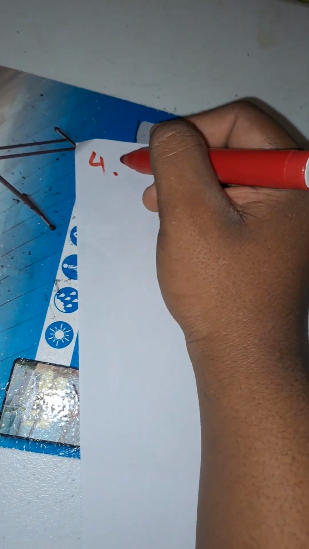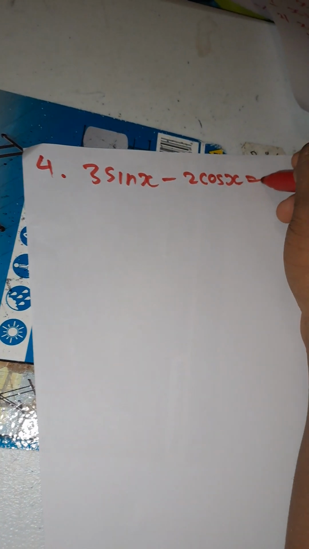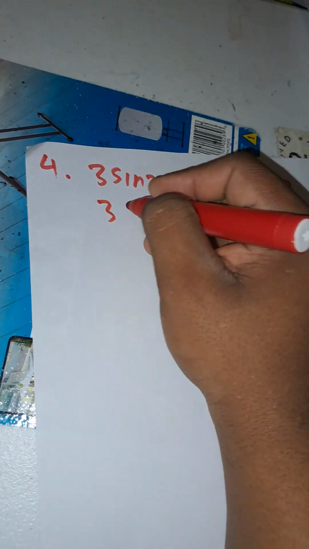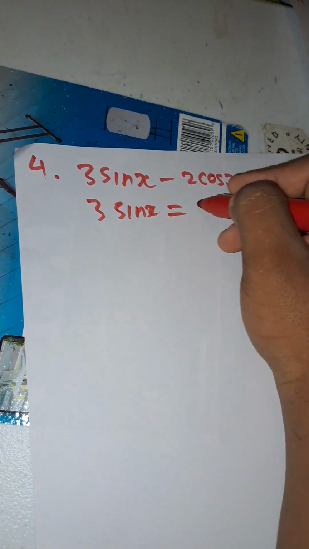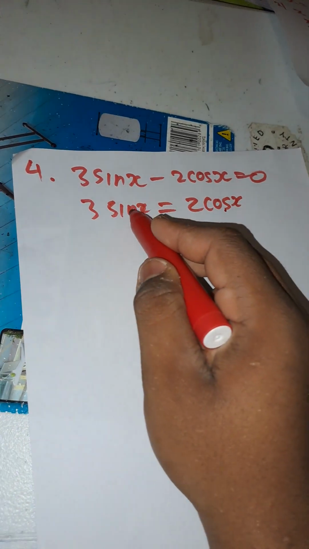So check this one now. I feel like it is the fourth one. 3 sin x minus 2 cos x is equal to 0. For this one, you can take the 2 cos to the other side. So it's going to be 3 sin x is equal to 2 cos x. I see cos, I see sine.